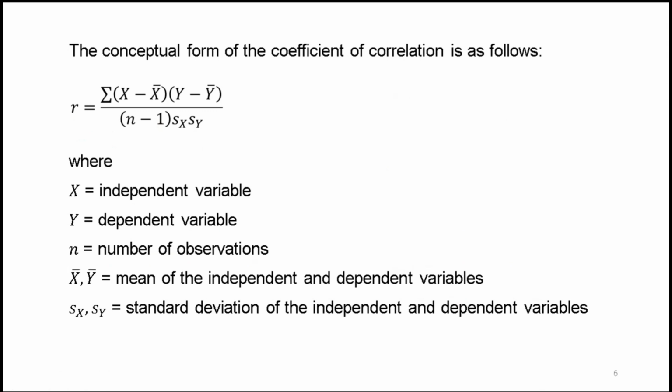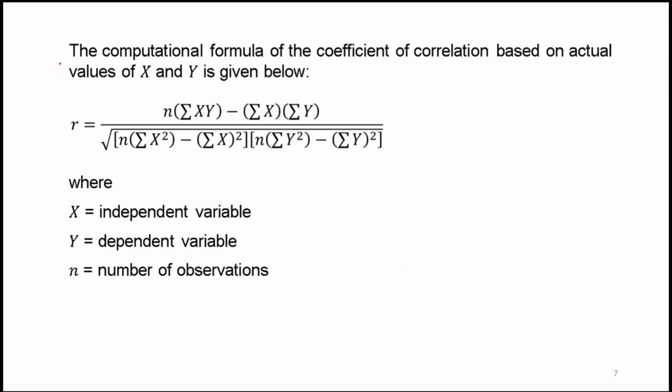To find the value of r, we have two formulas. This is the first formula, the conceptual form of the coefficient of correlation. And this is the second formula. Basically we use the second formula because you need to find the value of summation xy, summation of x squared, summation of y squared, summation of x and also summation of y.